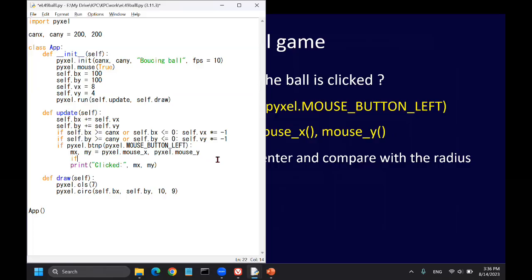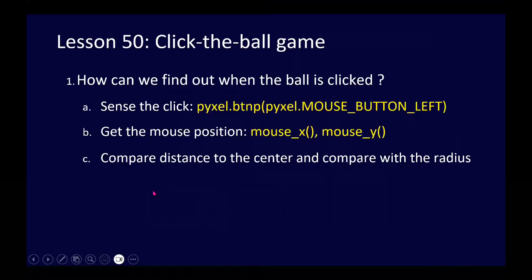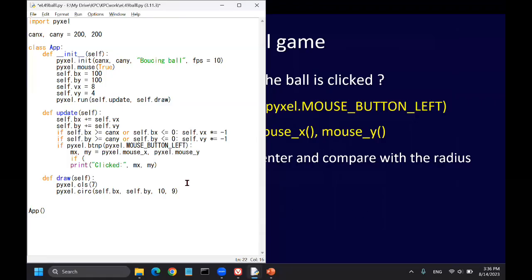You can do it in the same line, but let's do it another way. One way is, you know the Pythagorean theorem: the distance is x distance squared plus y distance squared, and compare it with the radius squared.